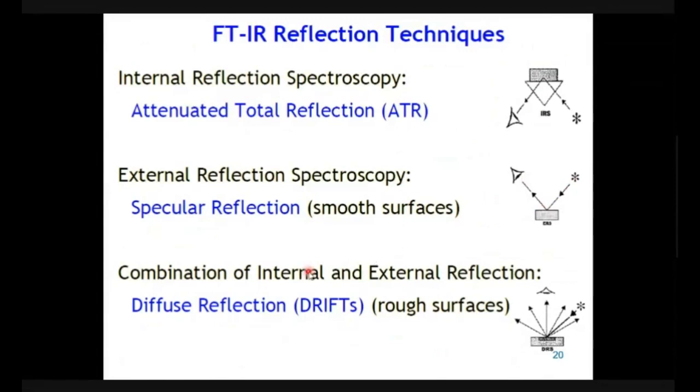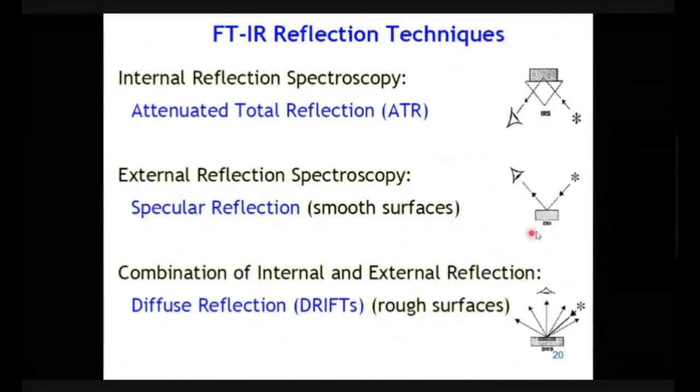Then next is diffused reflection, also called as DRIFTS. We will see what DRIFTS is. It is combination of internal and external reflection. This is external reflection. This is internal reflection. See, IRS basically stands for internal reflection surface.